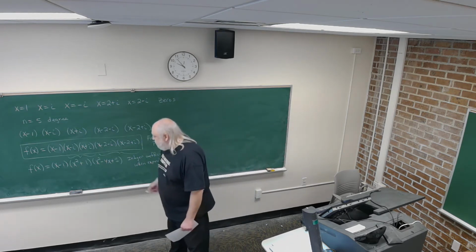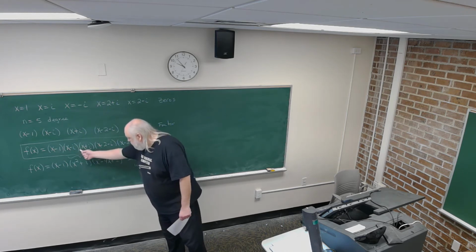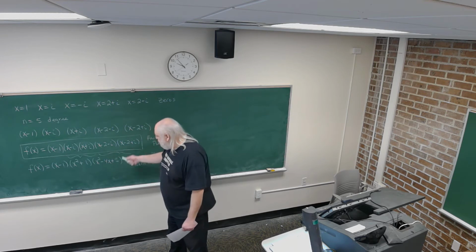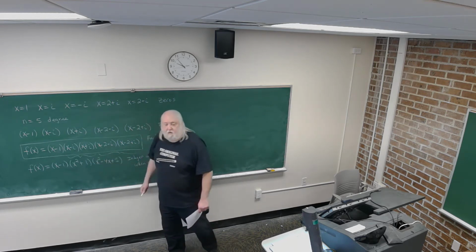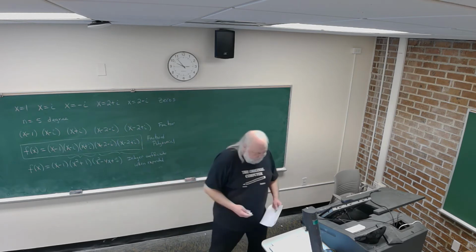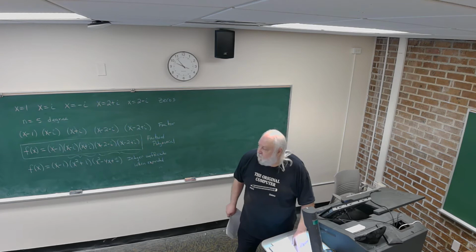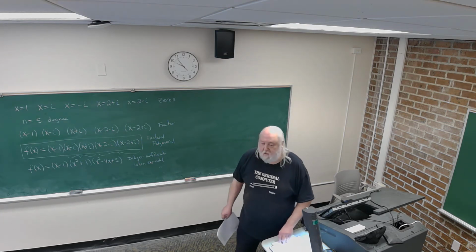You can do that on your own if you want, but you can see by foiling, multiplying out these two factors, the complex numbers went away and all we got are real numbers now, okay? Which meets the condition that it has to have integer coefficients. All right. Any questions on that?